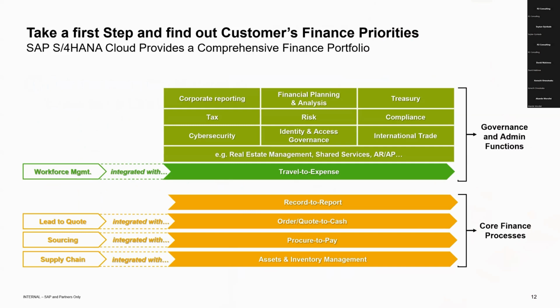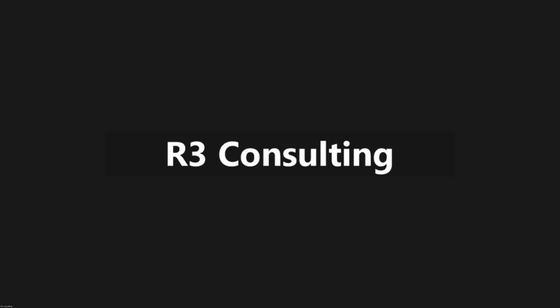For all companies, every company does finance, whether you're in a bank, in insurance, in engineering, construction, or in manufacturing. So SAP provides the digital core. It provides finance as a mission critical center for that.